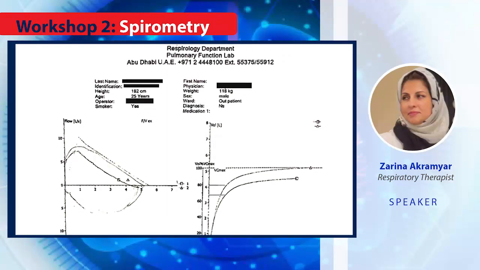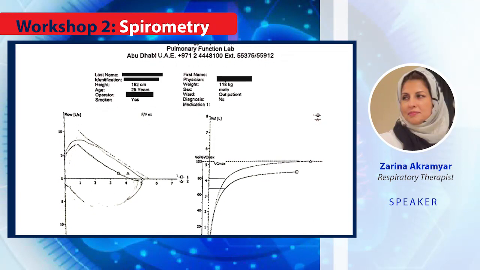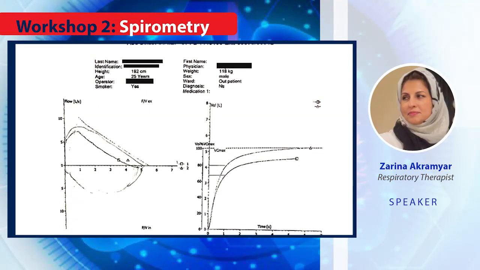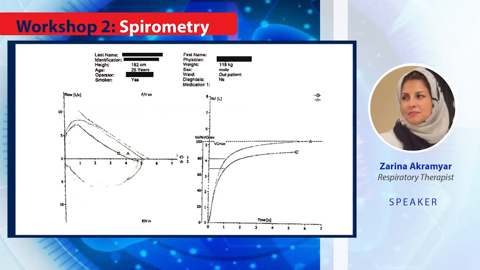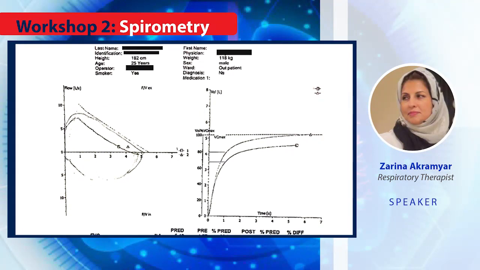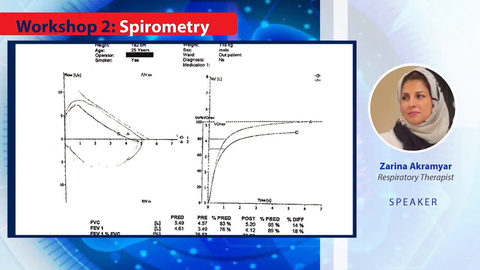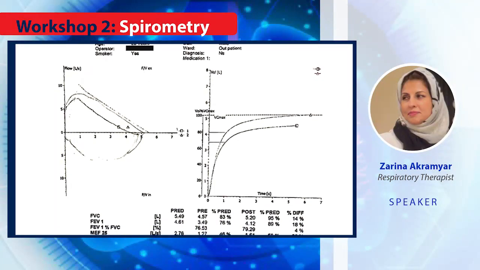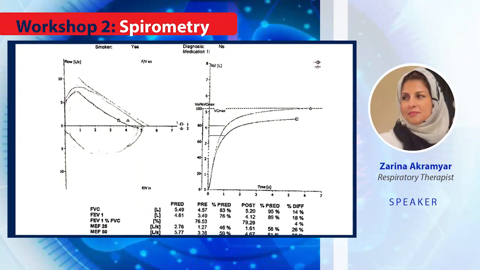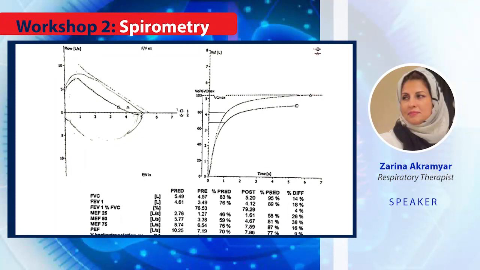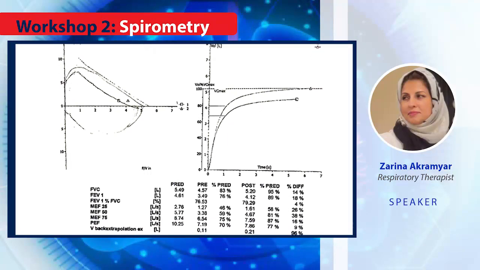So here is an example. We did a test on a patient, a 25-year-old male, 182 height. His PFT is abnormal since, as you can see, the pre-FEV1 is 76% only, less than 80%, so abnormal. FVC is 80%, which is normal. We give bronchodilator, and post bronchodilation, FVC is 95% and FEV1 is 89%, which is normal.